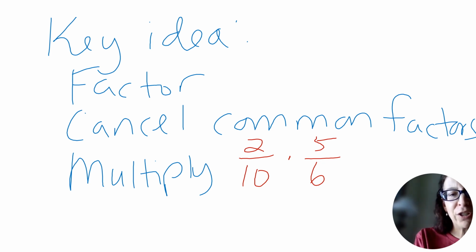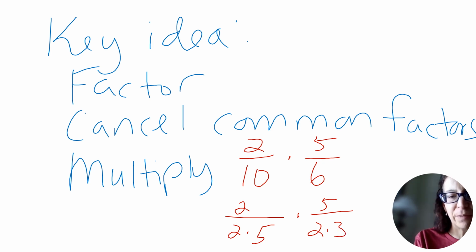But instead we're going to factor, and recognize that 10 is 2 times 5, and we have a 2 times 3. This was a bad example, and that's what I get for making up examples on the fly.